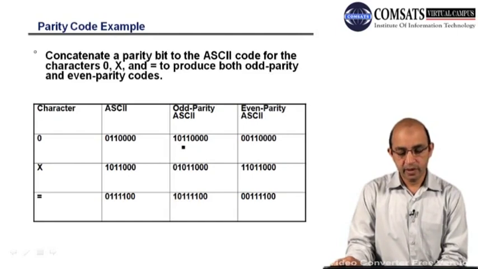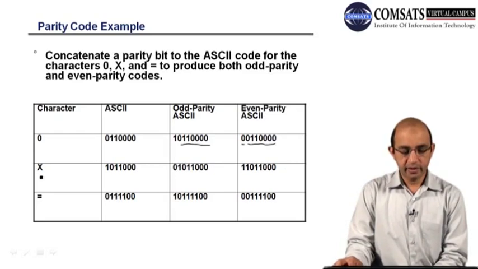So in that ASCII equivalent we have an even number of ones, so to make them odd we will place a 1 over here, and for the same ASCII number, we will place a 0 over here when we talk about even parity, right?